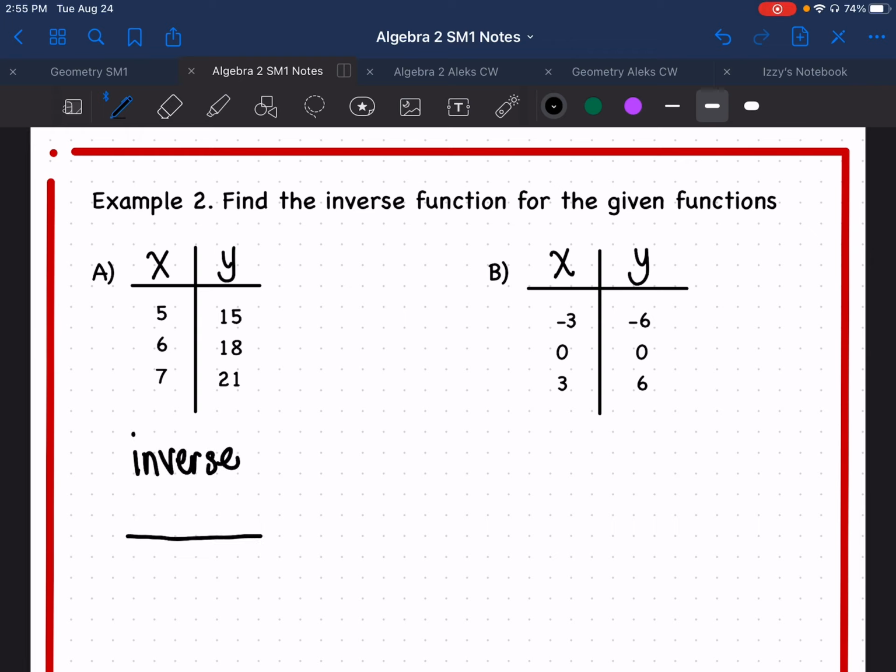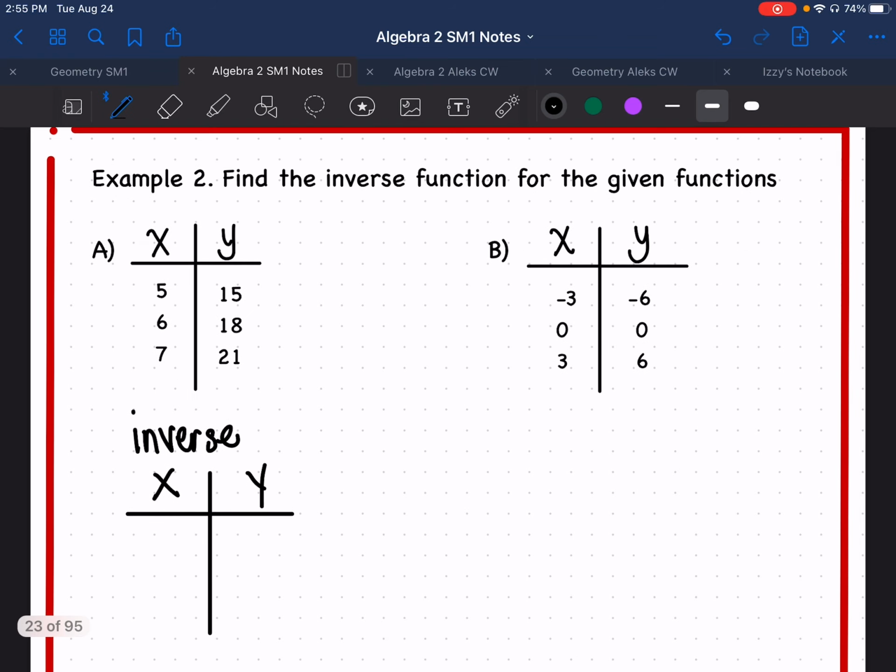So I'm going to create another table. I'm going to keep it X, keep it Y, but all I have to do is switch. So the 15 moves over here and the 5 moves over there, from this one right here. The 8 and the 16, the 6 and the 18 are going to switch places. Likewise, the 21 and the 7 are going to switch places.